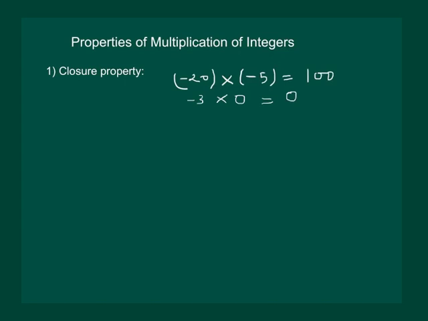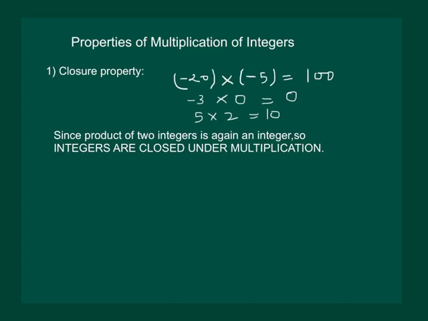If we take 5 into 2, it is 10, again an integer. So we cannot find any pair of integers whose product is not an integer. Hence we can say integers are closed under multiplication. In general, for all integers a and b, a multiplied by b is an integer.